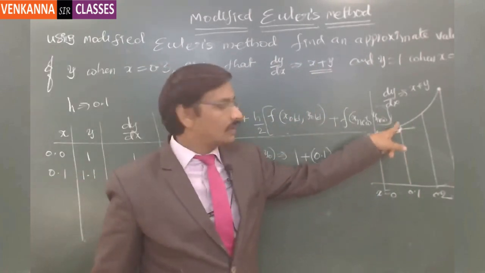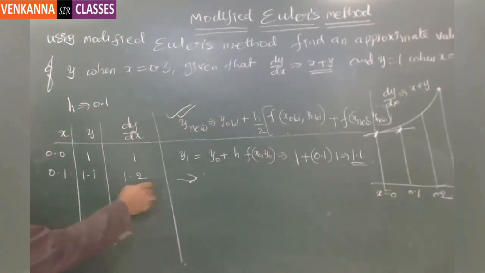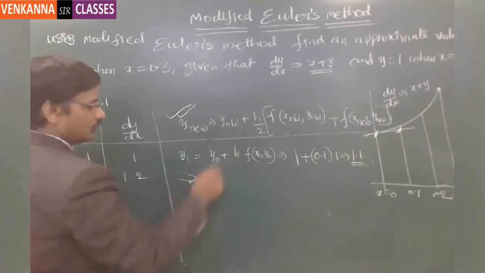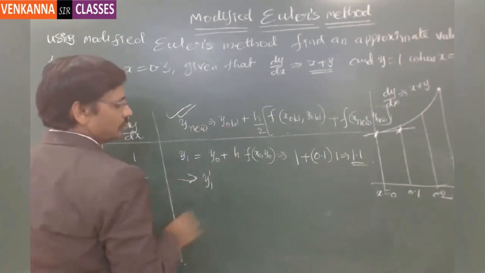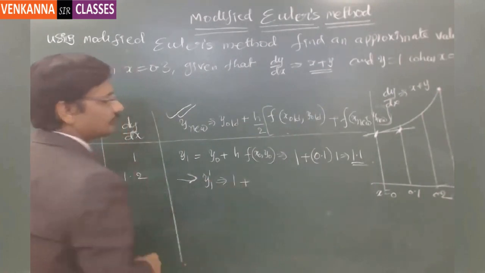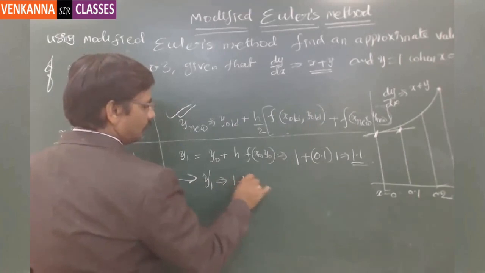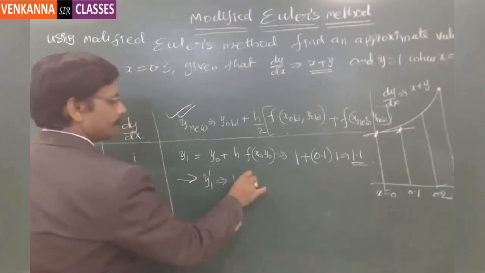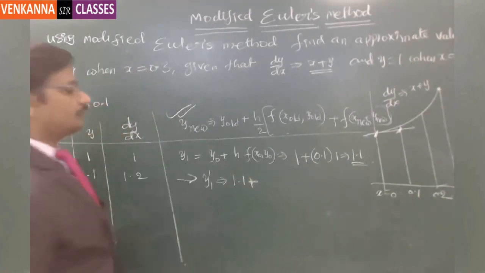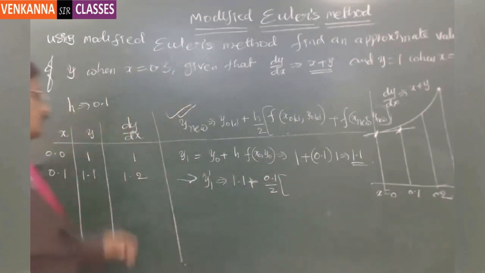So here we are taking 3 iterations. This is 1.2, and if you want to use this, y1 dash is going to be y old, which is 1.1, plus 0.1 by 2 times the average of the slopes.